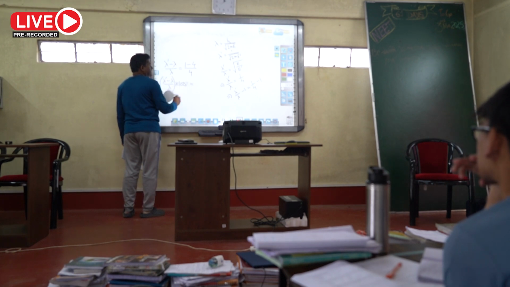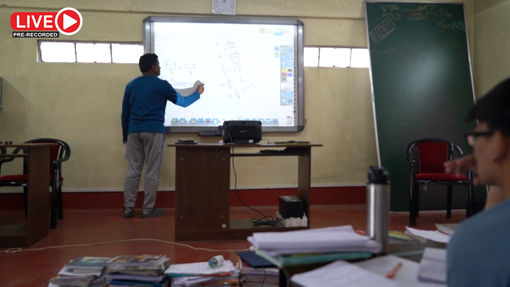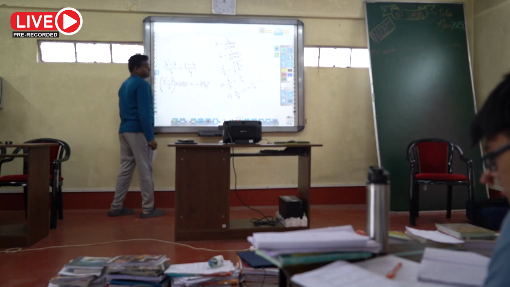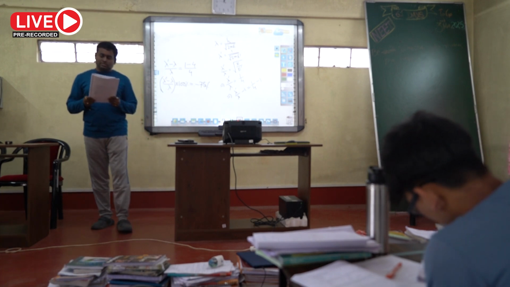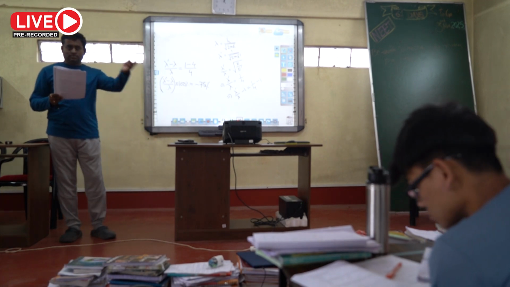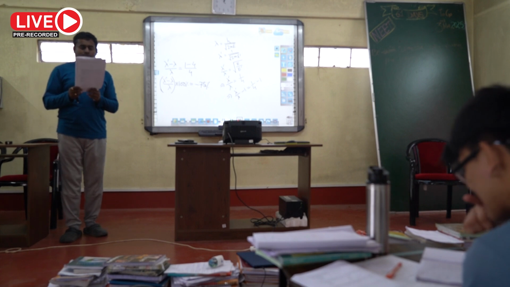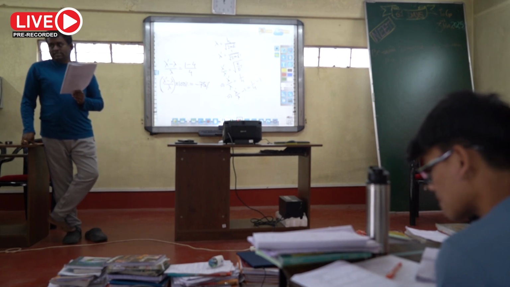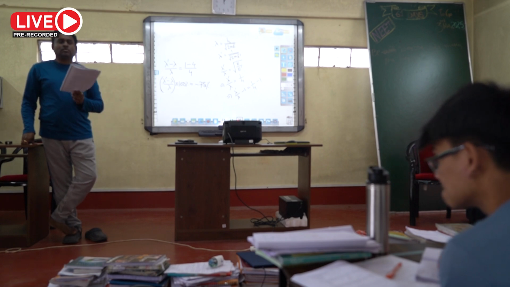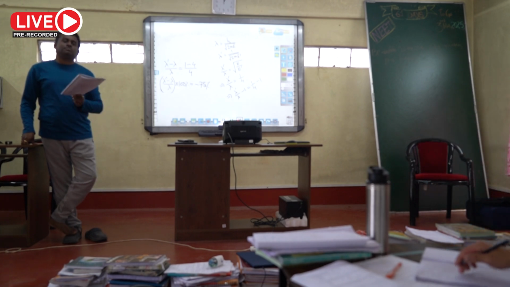So it will be minus 3 by 4, that is minus 75%. So the answer is 75% because it is decreased. So if kinetic energy is increased, then wavelength will be decreased by 75%.